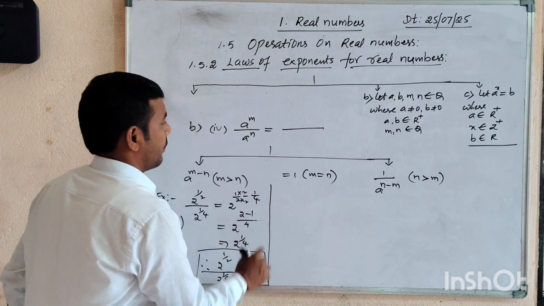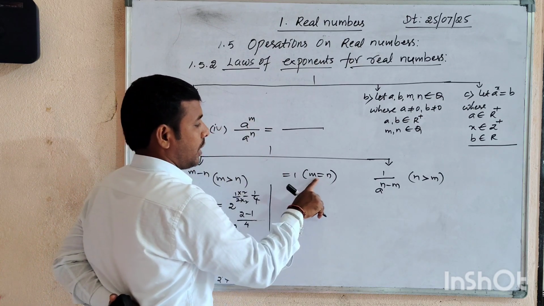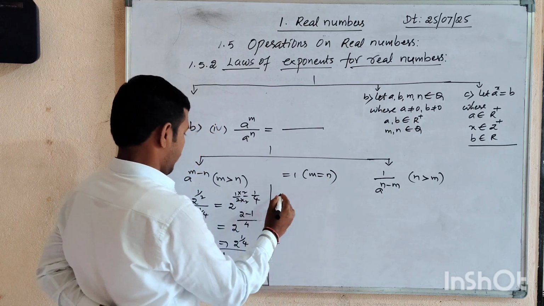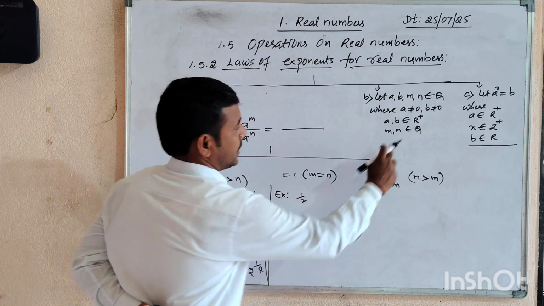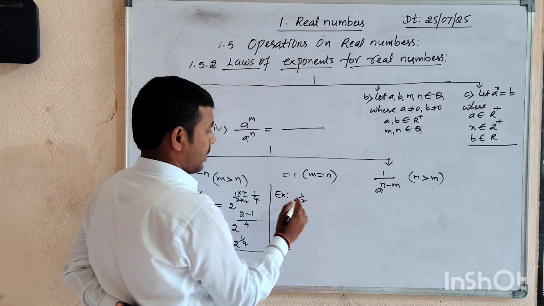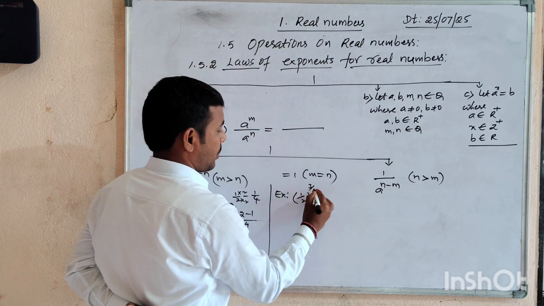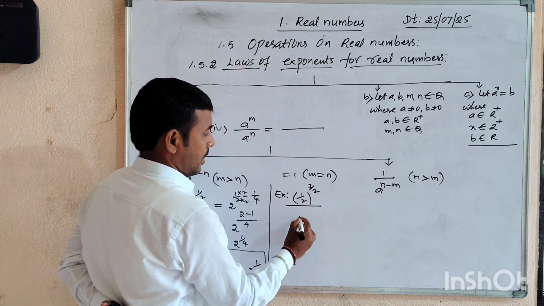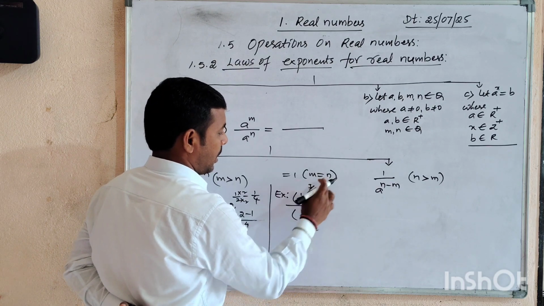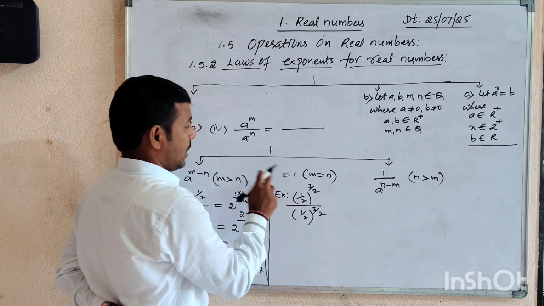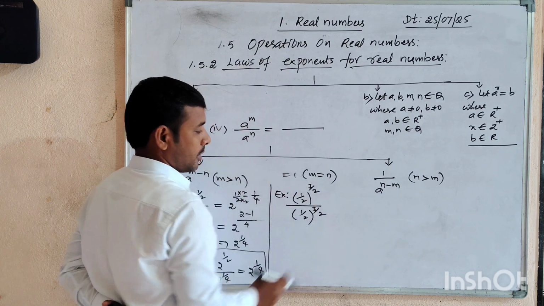Next problem, see. a to the power of m by a to the power of n equals 1 when m and n are the same. For example, 1 by 2, which is a positive rational number, real number, and the exponent should be, suppose, 3 by 2. So 1 by 2 to the power of 3 by 2 by 1 by 2 to the power of 3 by 2, because m and n must be the same. The m value is 3 by 2, the n value is 3 by 2, both are the same.